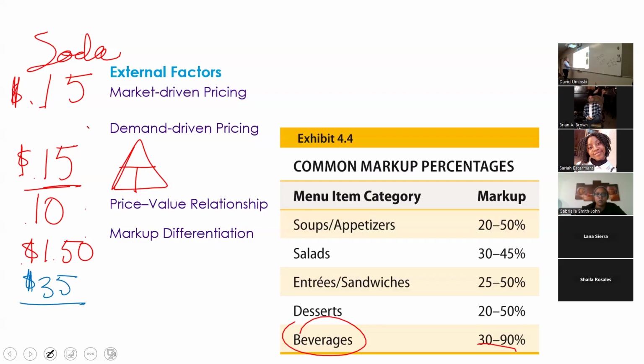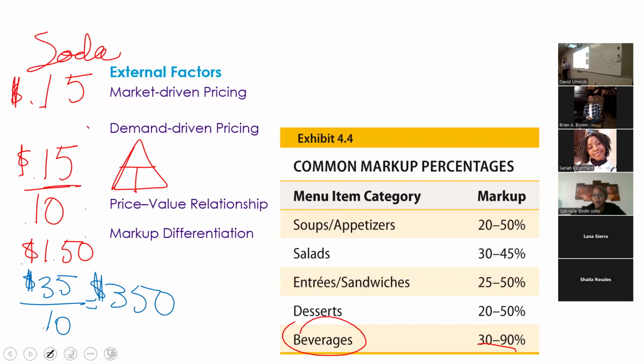If I divide that by 0.10, use that 10%, that's $350. How many people do you think are going to be buying that steak for $350? Okay. Depends on who your clientele is. Yeah, it depends on your restaurant. But you're not going to be selling $350 steaks at Outback.